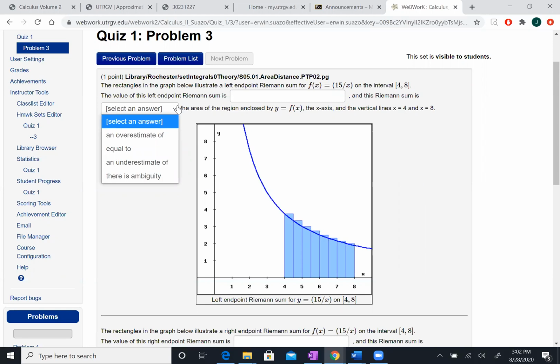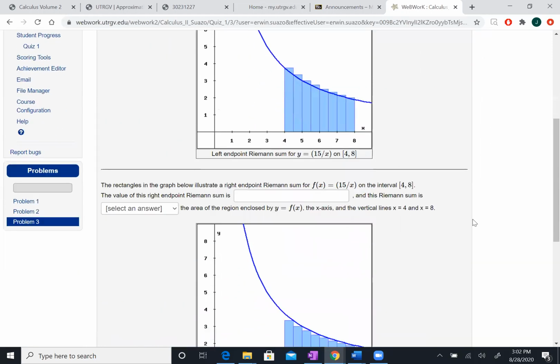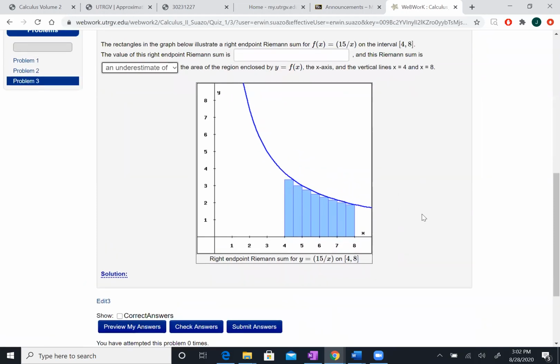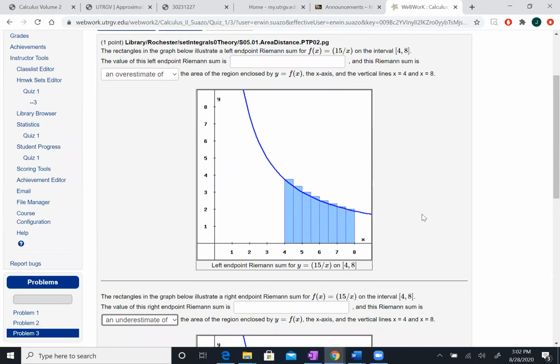What do you think? Is this overestimate or underestimate? It's overestimate, right? This is overestimate. And now for this one, this is what? Underestimate. Okay. Now all that you need to do is just plug in the values, right?